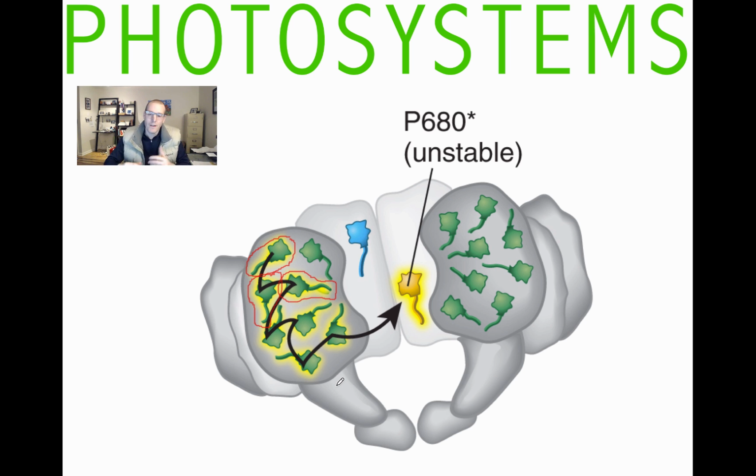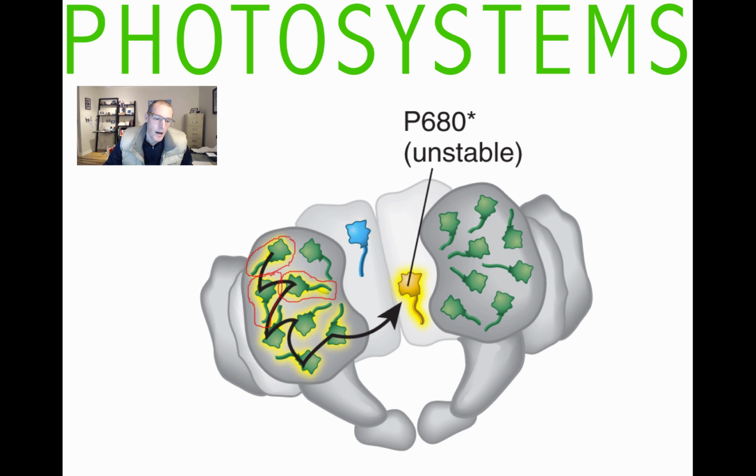So this photon of light has come in, excited an electron, the electron drops down, and another photon of light is emitted and captured by a neighboring chlorophyll. This is called fluorescence resonance energy transfer. The electrons are getting excited and then dropping back down, and when they drop down they emit light.